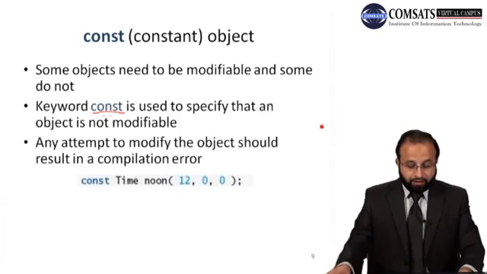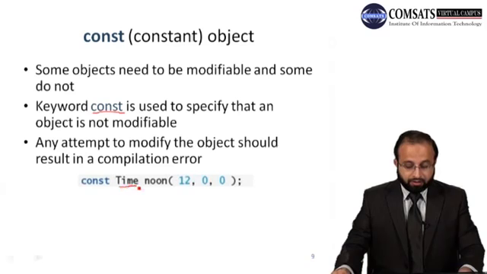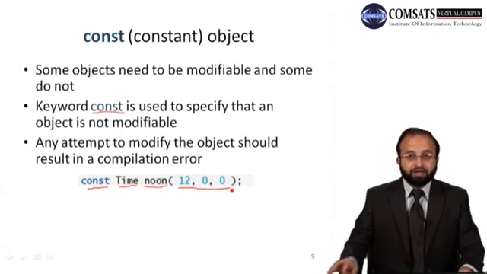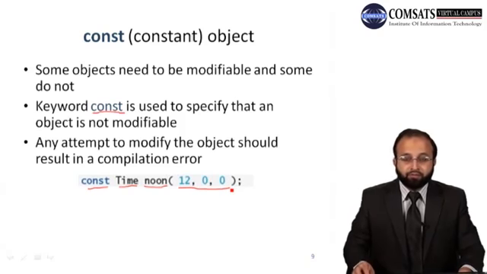Here we have declared an object of the time class. Time is the class, noon is the name of the object, and this is a constant object, and these are the parameters with which we have initialized that object. If you remember, if we declare a constant integer variable x, we have to assign the value at the time of the declaration, right?